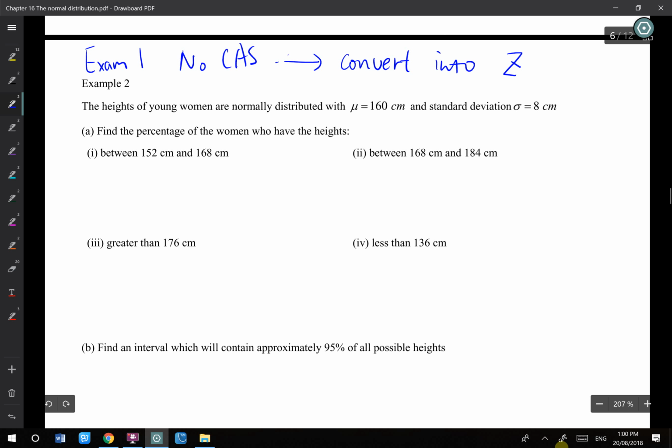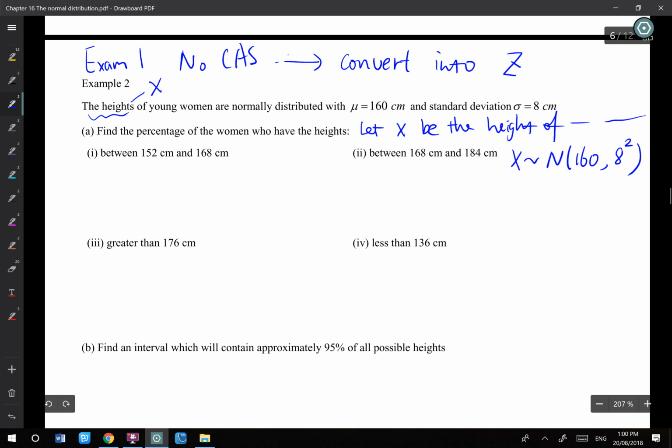Let's set the height of the woman be X. You will say let X be the height of something, because you don't have a random variable, you can't start from an X, like where's your X. So X is a normal distribution with mean 160 and standard deviation 8, so it's 8 squared, that's sigma squared. You can write 64 there, that's the same thing, but it's easier to see that the standard deviation is 8.